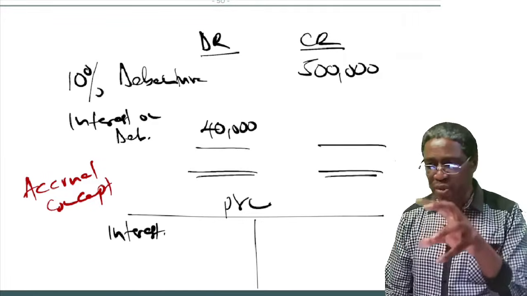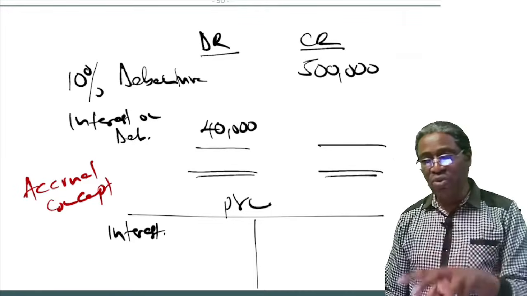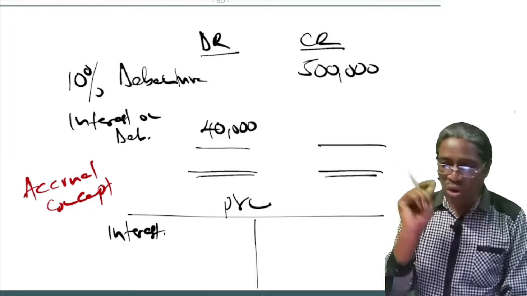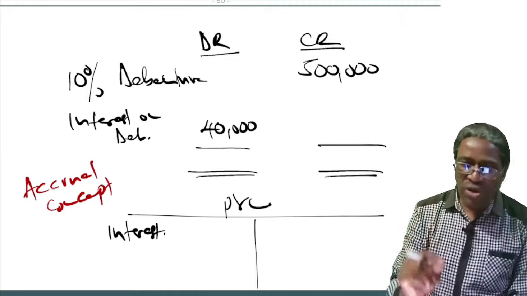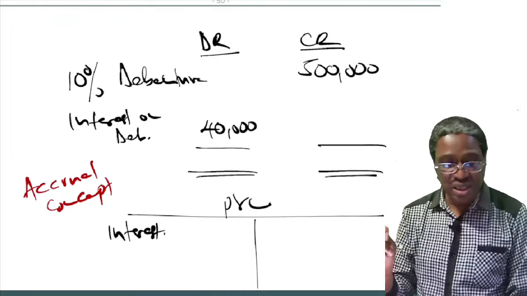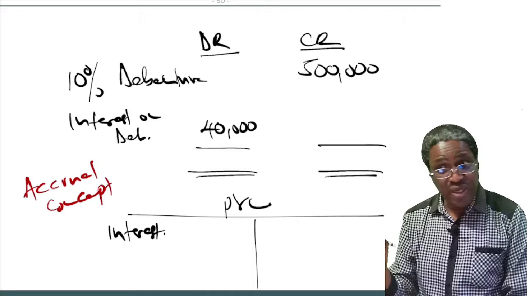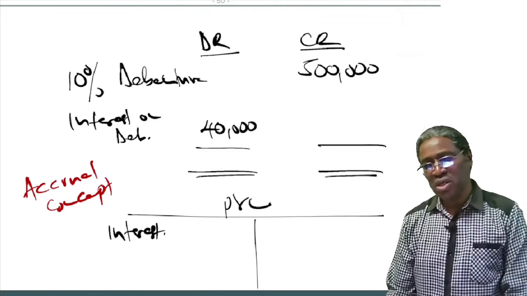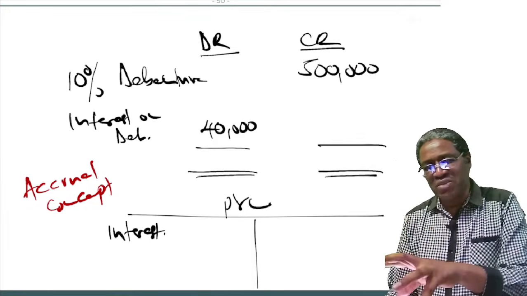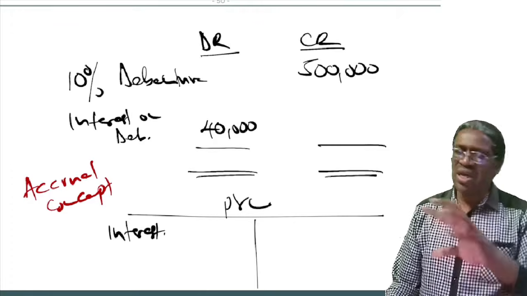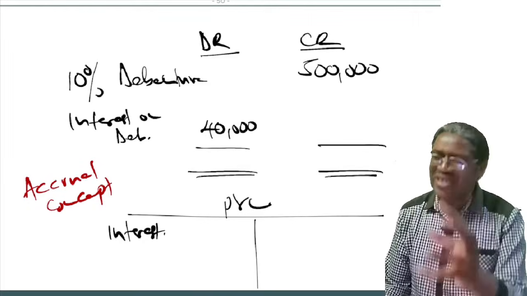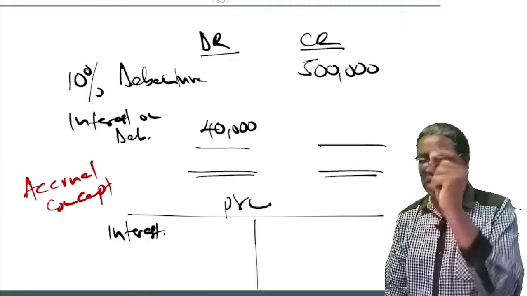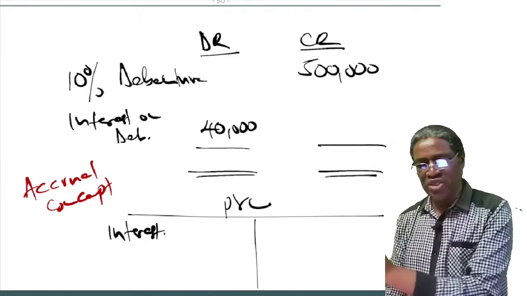So when you are preparing the income statement, it doesn't matter whether you have paid interest or not. You recognize cost when it is incurred, but not when it is paid.